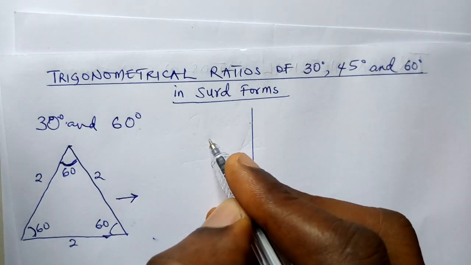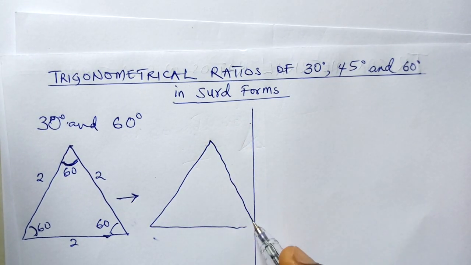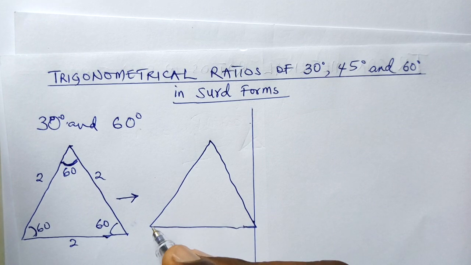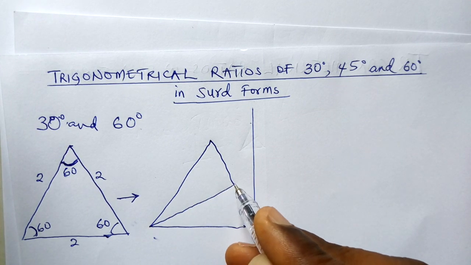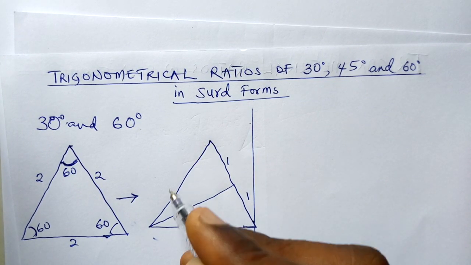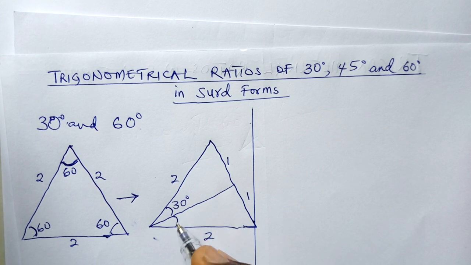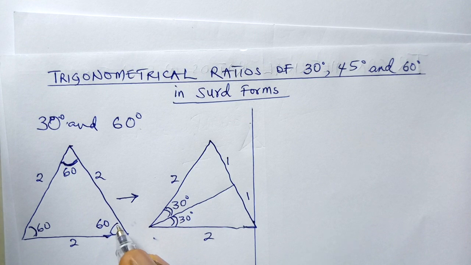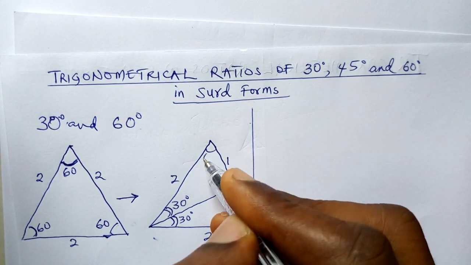So if we divide one of the sides into 2, let's say this one, it will divide the line opposite it into 1 and 1, since the sides are 2, 2. This angle is 30 degrees and this angle is 30 degrees. So this angle is 60, this angle is 60.